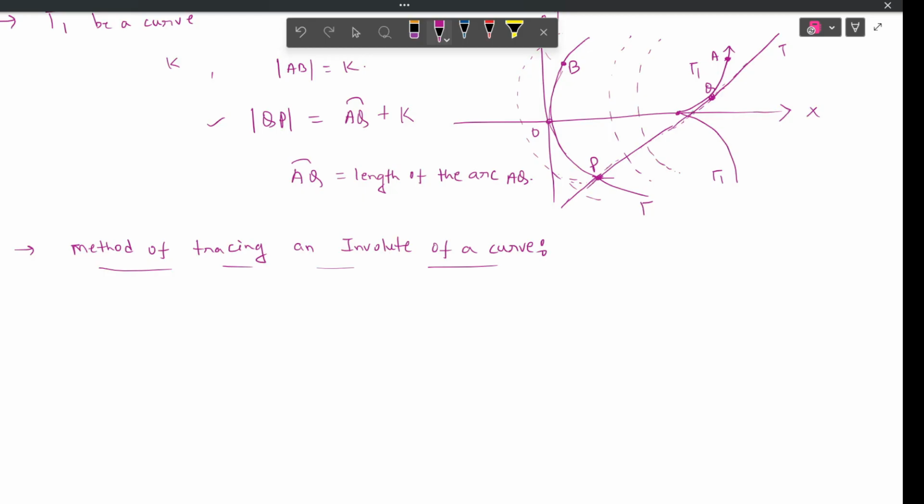As Q travels on the curve gamma 1, the tangent will also travel, in this way, and the locus of the point P will trace an involute gamma. This tangent will trace this curve.